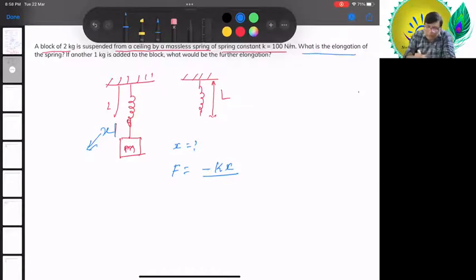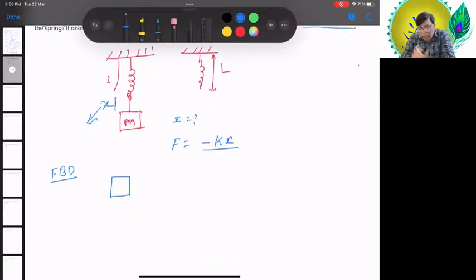So let us first draw the free body diagram for this mass m. Whole system in rest position. So on all the objects, gravitational force is always applied. The first force will be gravitational force, that is mg, and a spring force will apply upward.